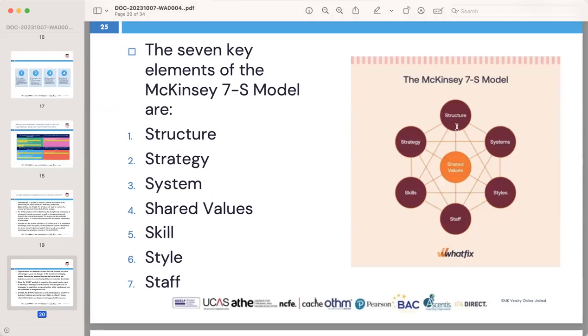If you go around, we can see structure, systems, style, staff, skills, strategy, with shared values at the center. You need to remember that these elements are essential for understanding and managing organizational change effectively.